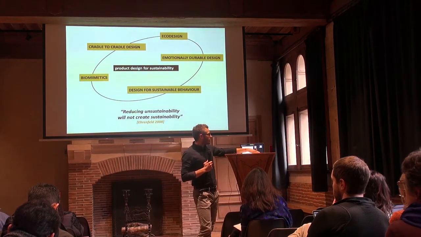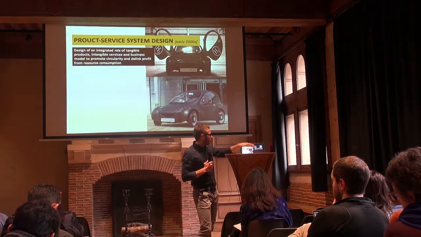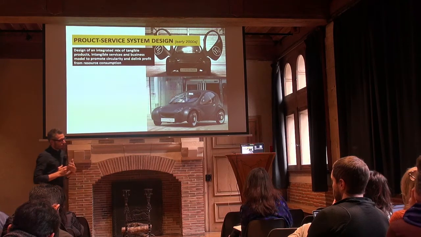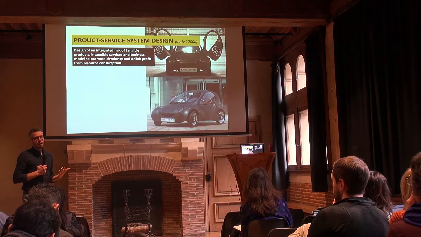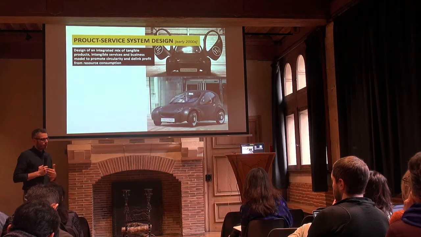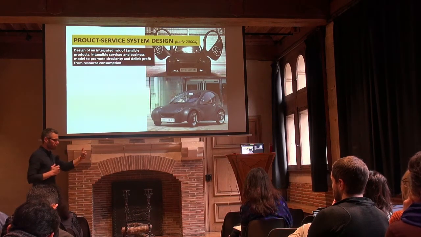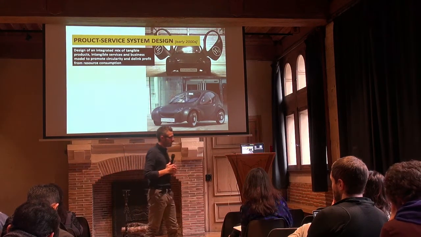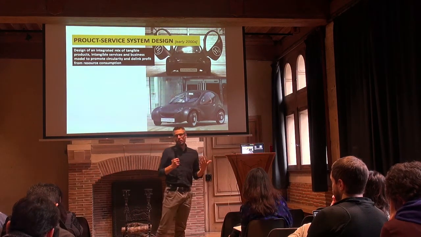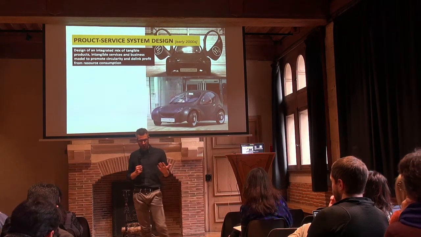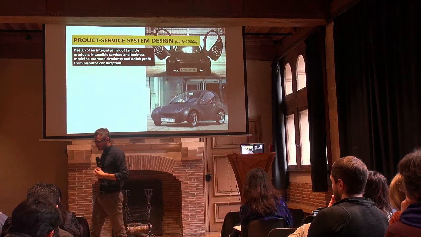And it's because of this reason that several design researchers in the late 90s and early 2000s started to explore the role of design beyond developing individual products and towards solutions to influence habits and consumptions. And within this area, a concept that emerged as promising is the concept of product service systems.